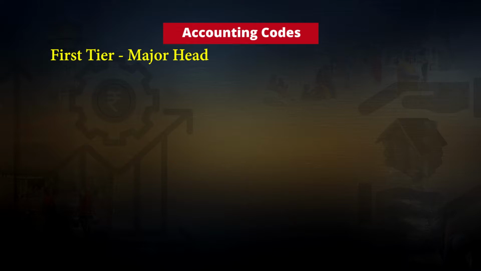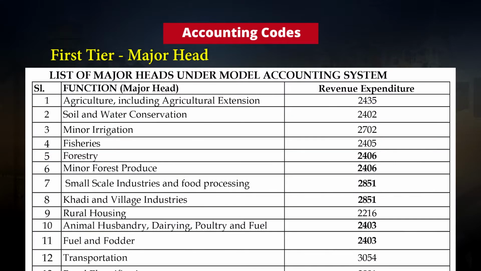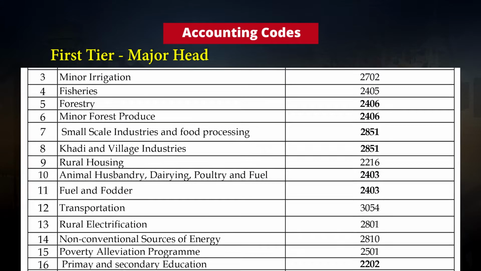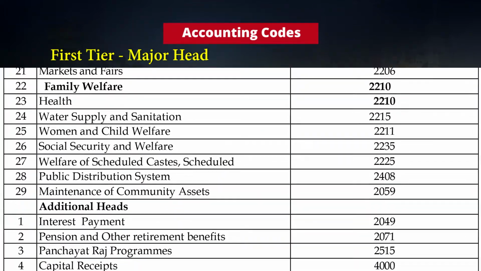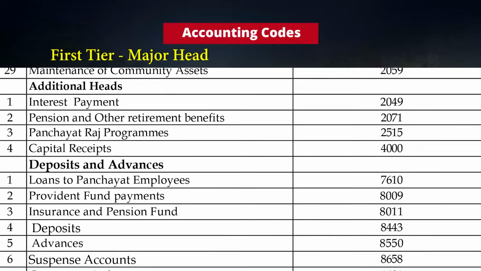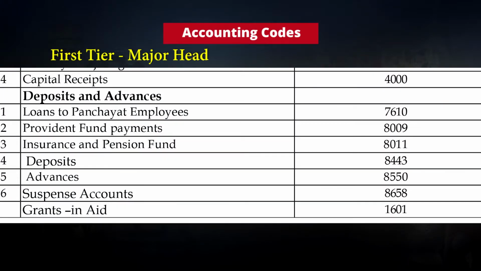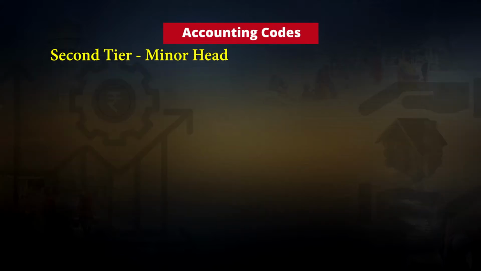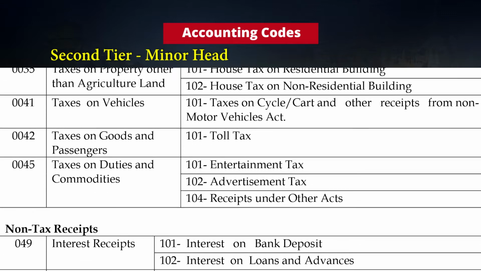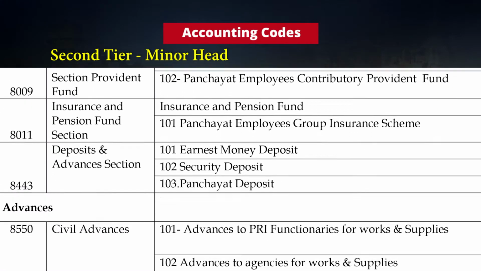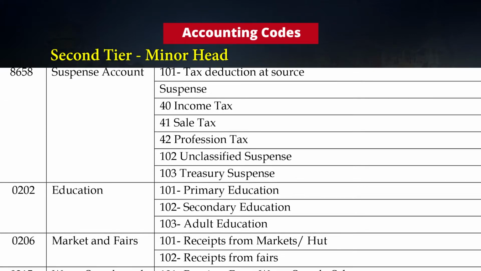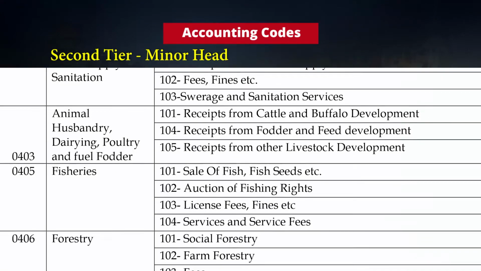First tier, major head. It represents the functions identical to the 29 functions listed in the 11th Schedule and it is a 4-digit code. Example, 1601, grant in aid. Second tier, minor head. The second tier of minor heads is a 3-digit code which identifies the program, scheme, or activity under a particular function.